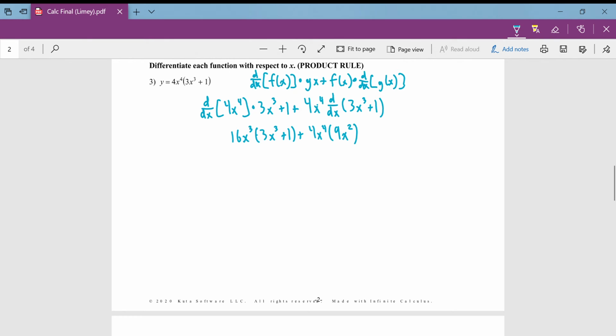Then you distribute these out. So you'd have 48x, or not cubed, to the 6th, 16x cubed plus 36x to the 6th. You can add those together and you get 84x to the 6th plus 16x cubed.